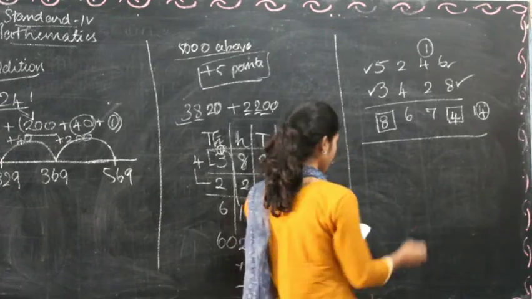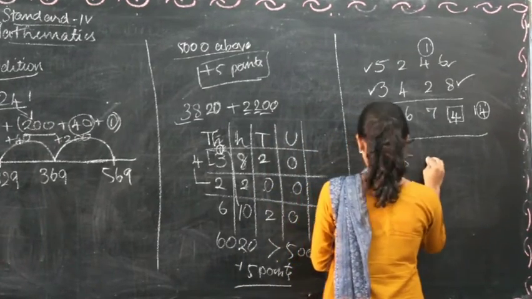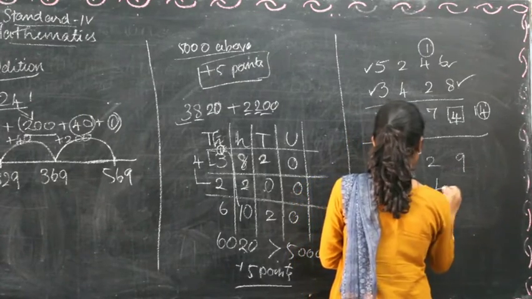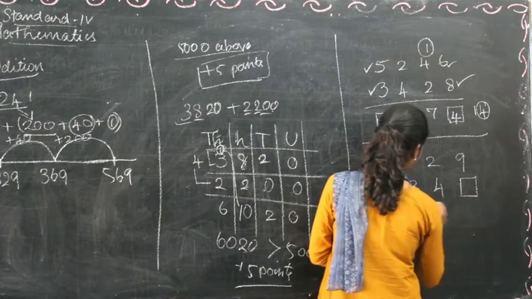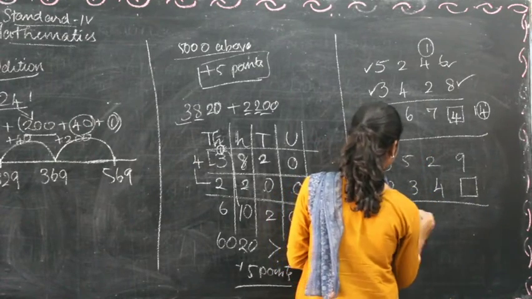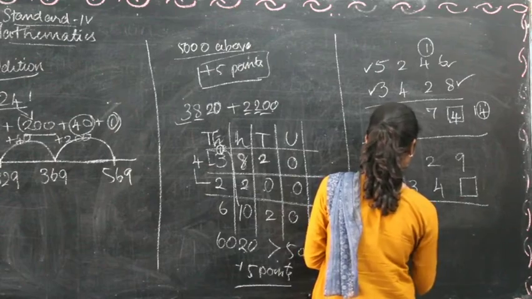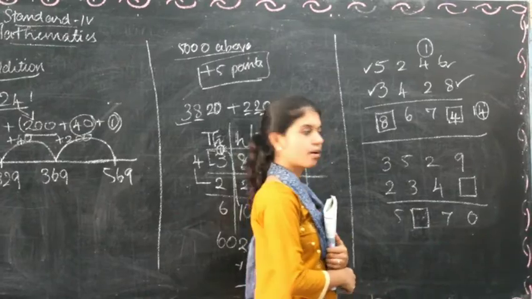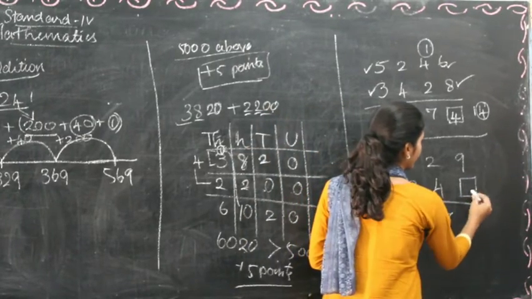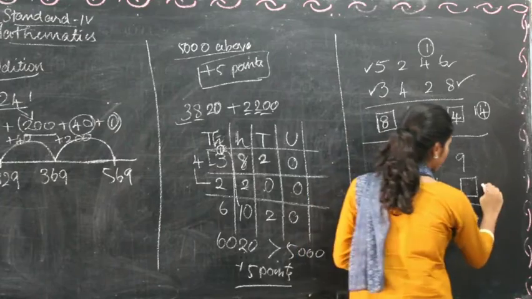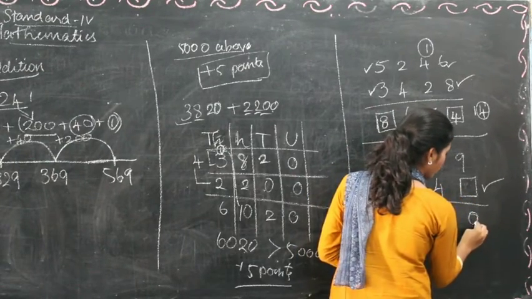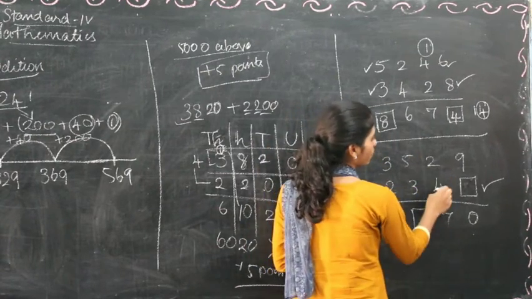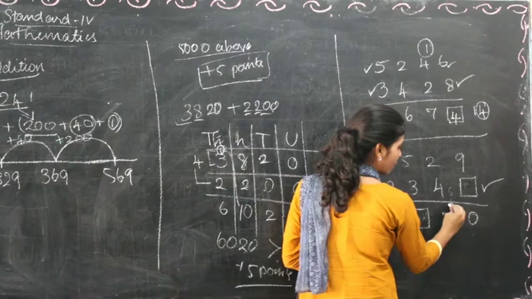Another one. 3, 5, 2, 9, 2, 3, 4, empty, and then 5, box, 7, 0. So we are going to solve it in a way that when this box is filled, we'll get 0 and then here we'll get 7. Let's see, 2 plus 4 will be 6, but you have 7 here.